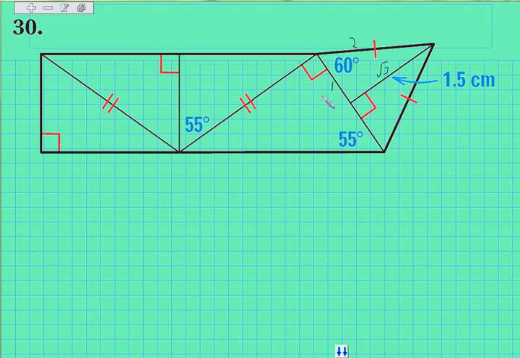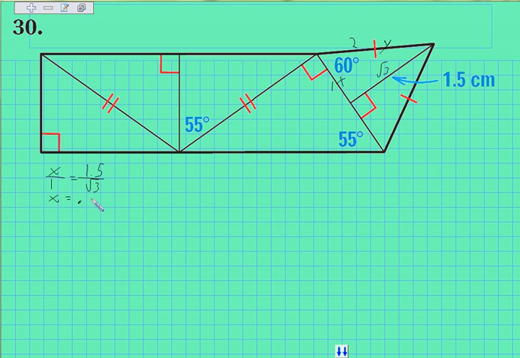All right, so let's solve for this side here. We'll call this an x, and we'll call this y. So I've got x over 1 is equal to 1.5 over radical 3. I've done most of these calculations already, so I can tell you what those values will be. 1.5 divided by radical 3 is 0.86, or 0.87.